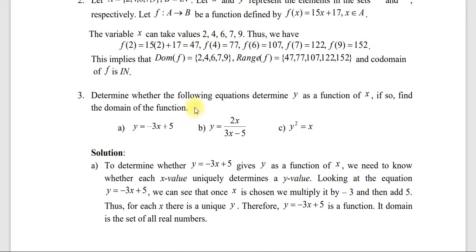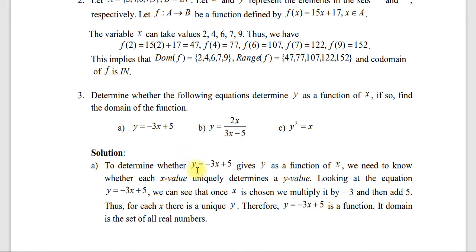Find the domain of the function: a) y equals negative 3x plus 5, b) y equals 2x over 3x minus 5, and c) y squared equals x.